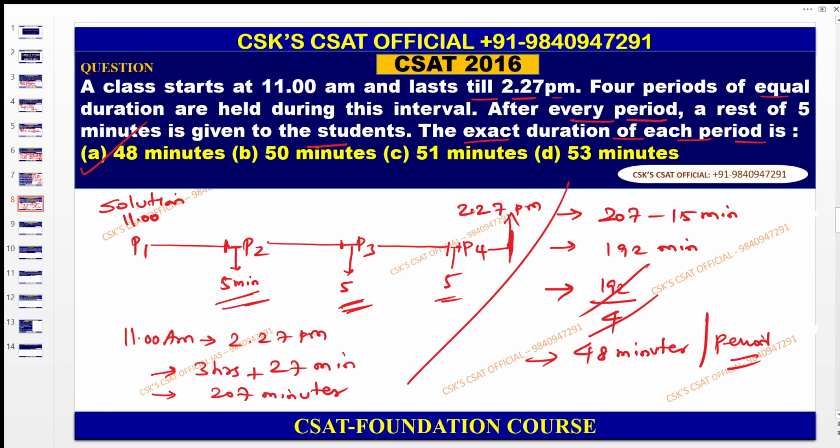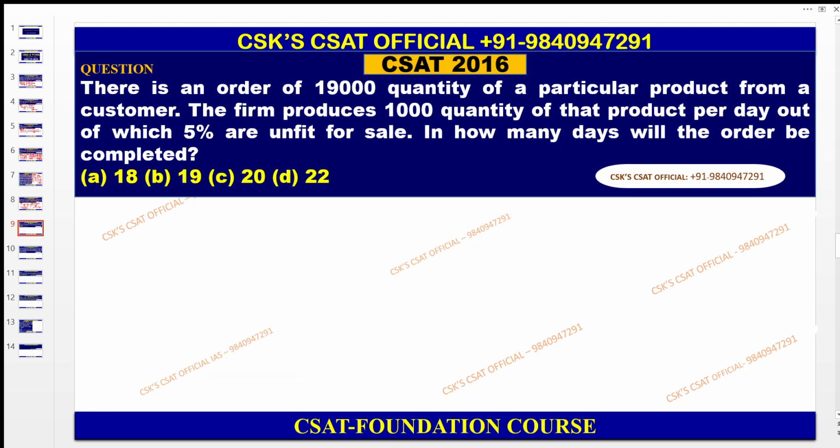So let's move on to the next one. There is an order of 19,000 quantity of a particular product from a customer.